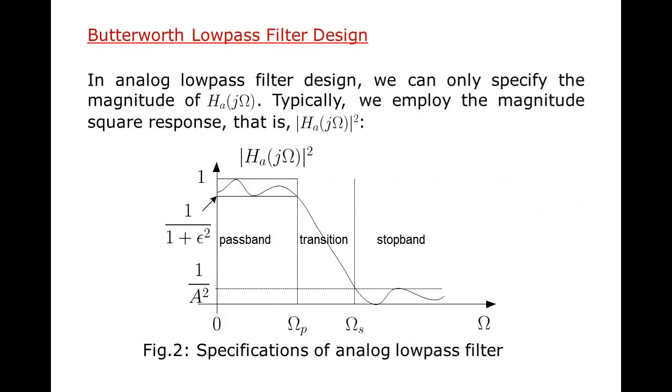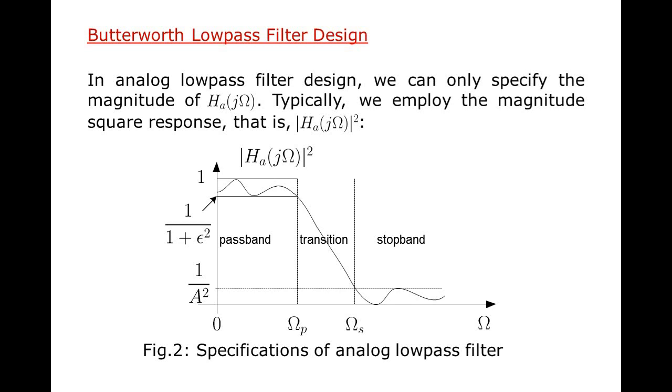Already we had discussed the Butterworth low pass filter design and the magnitude response of the Butterworth low pass filter. Here also the same thing is given. At omega equal to 0, the magnitude is 1. In the passband the magnitude is 1 and monotonically decreasing.